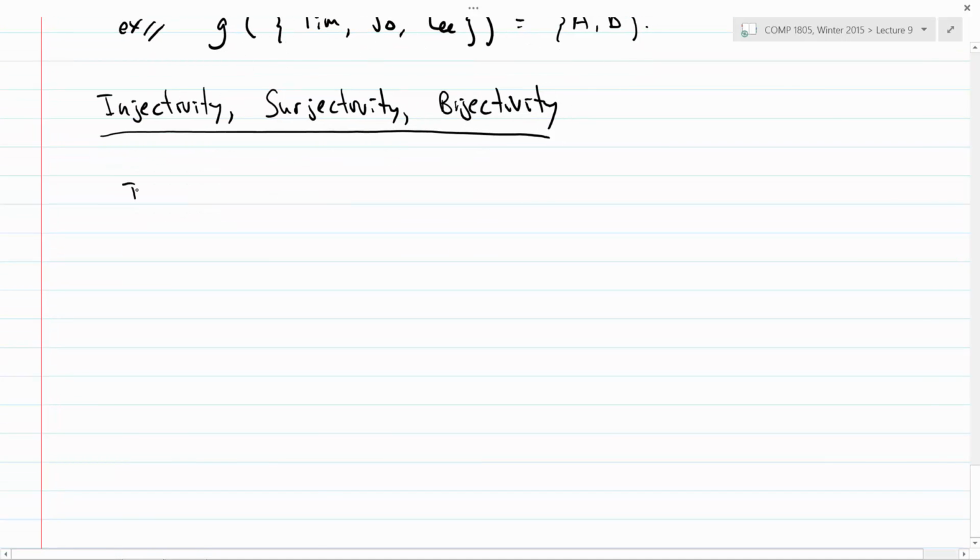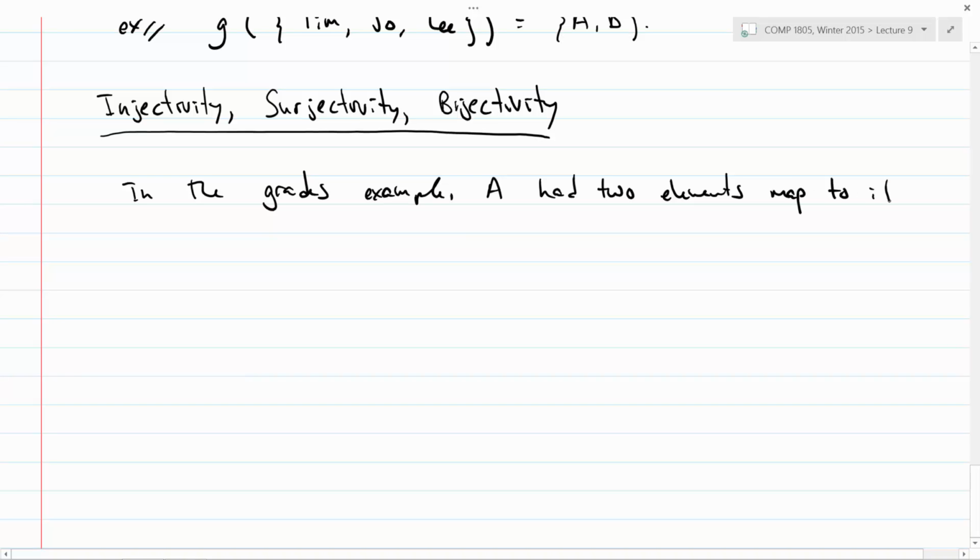So in the grades example, A had two elements mapped to it. So A was the output for two inputs. Similarly, or conversely, I guess you could say, F had none.